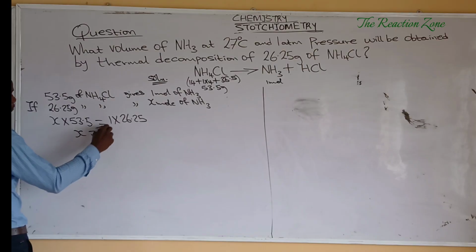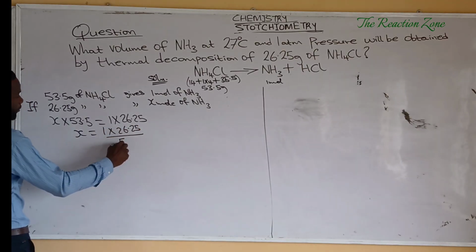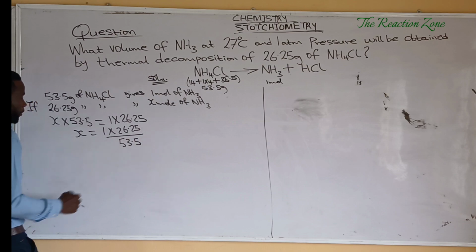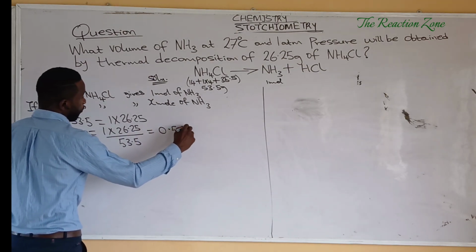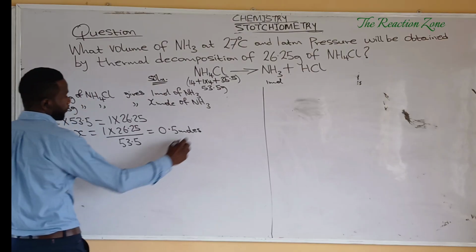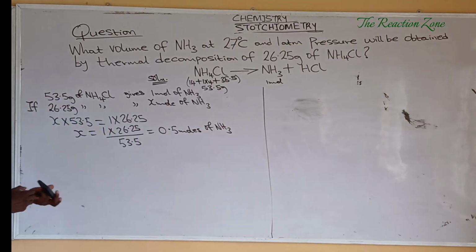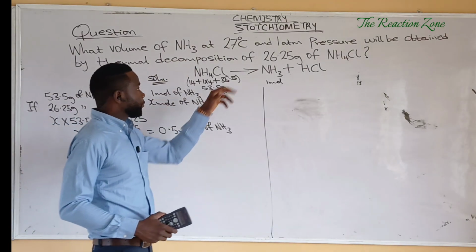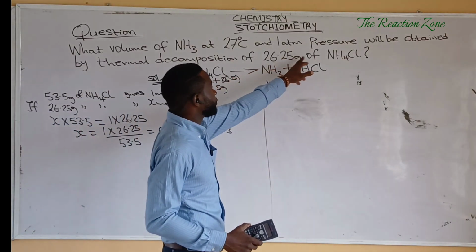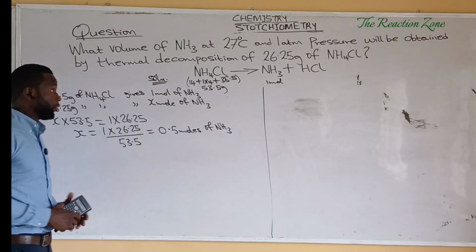X in this case will become 1 times 26.25 divided by 53.5. And this will give us 0.5 moles of ammonia. So what this means is that the thermal decomposition of 26.25 grams of ammonium chloride gives 0.5 moles of ammonia.